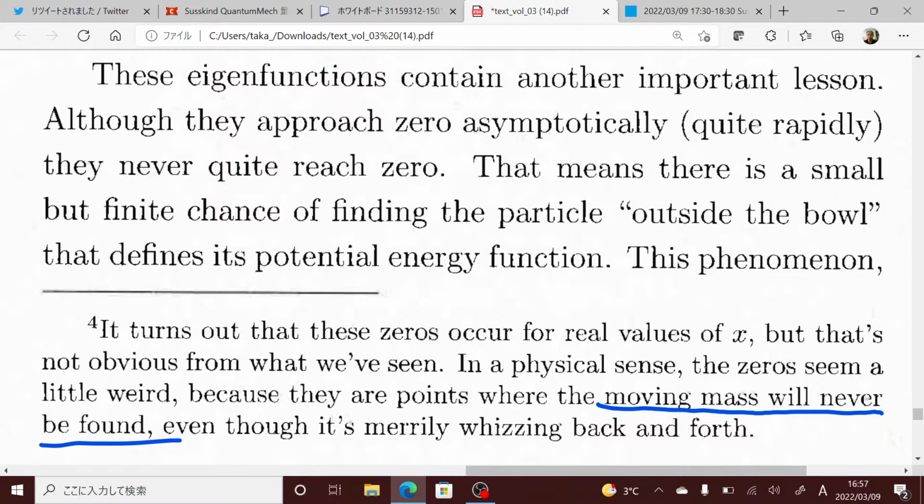I don't understand. Even though it's merrily whistling back and forth. Merrily whistling back and forth.